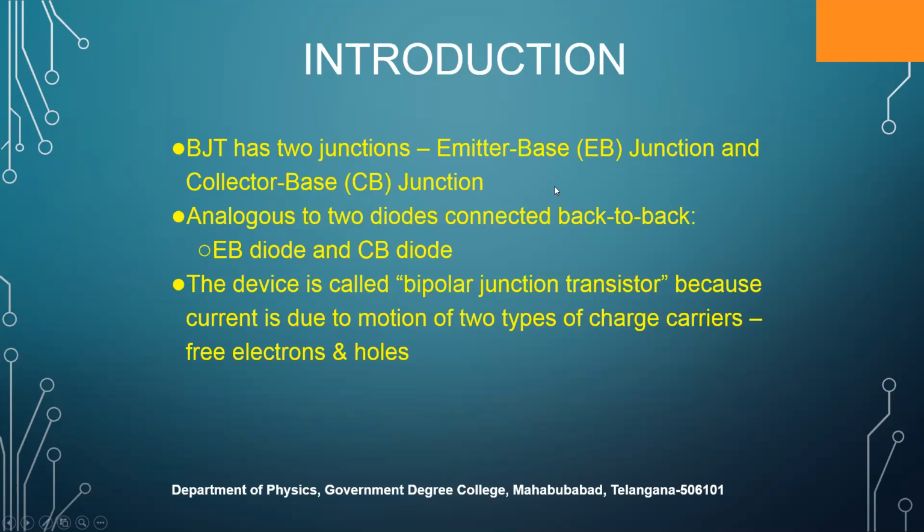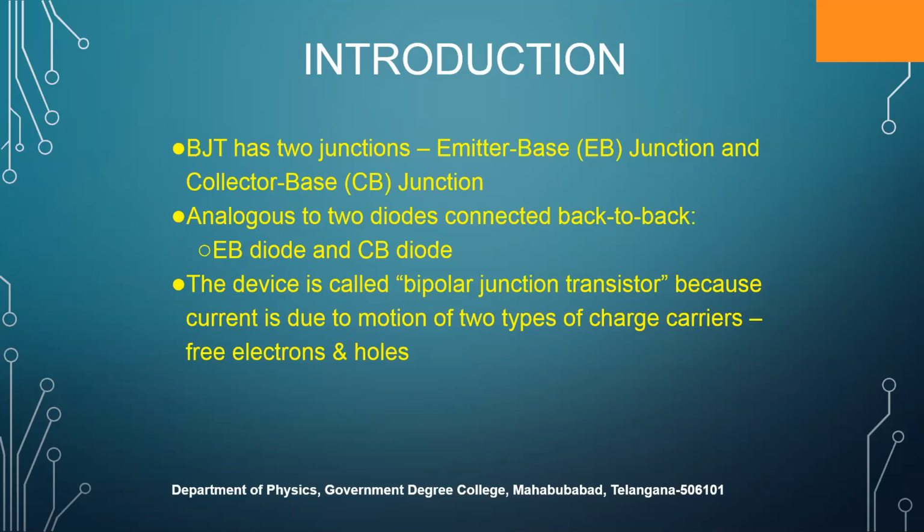A BJT has two junctions, the emitter-base junction and the collector-base junction, analogous to two diodes connected back to back, because a transistor is nothing but a sandwiching of two diodes connected back to back. One is the emitter-base diode, the other one is the collector-base diode.